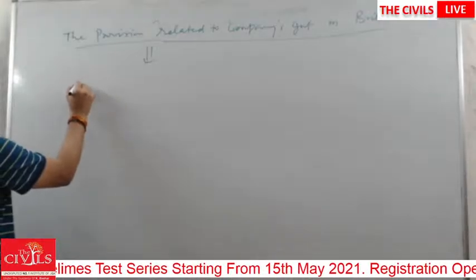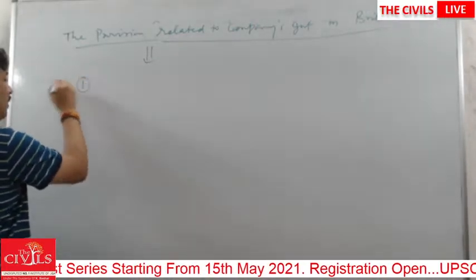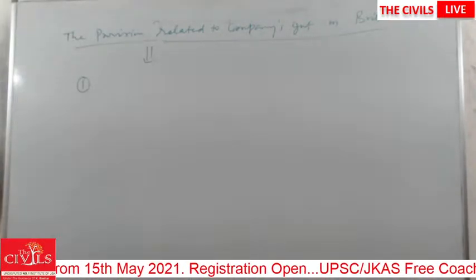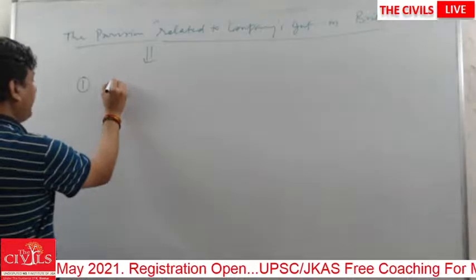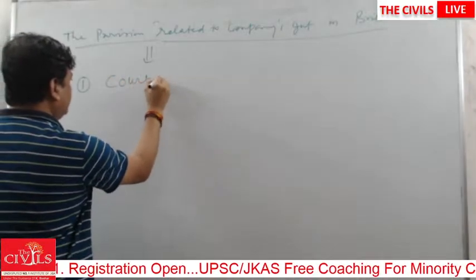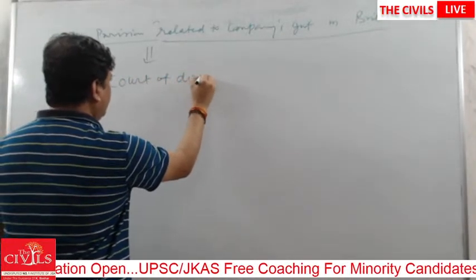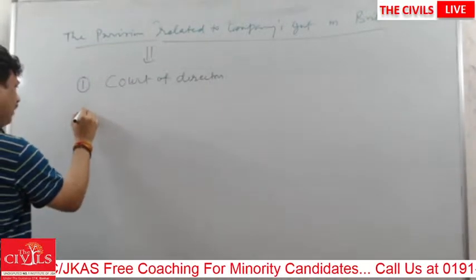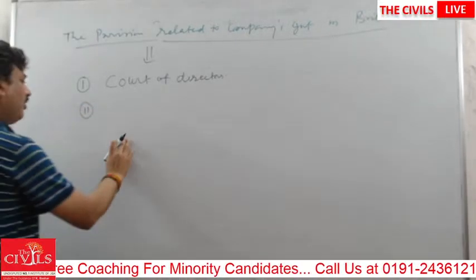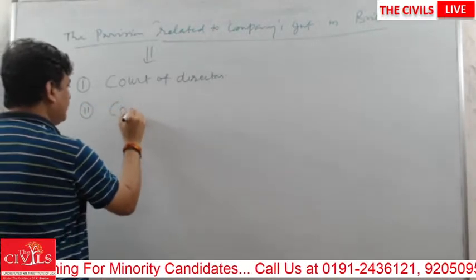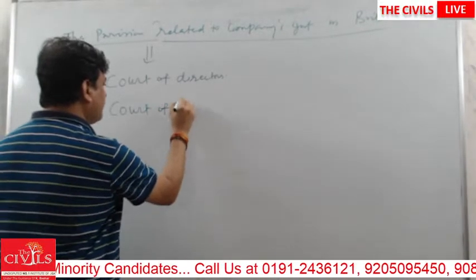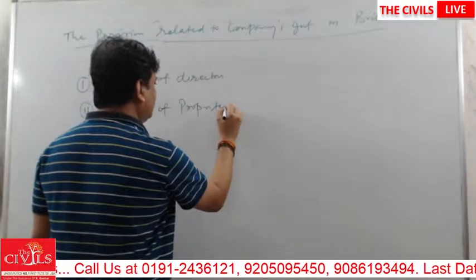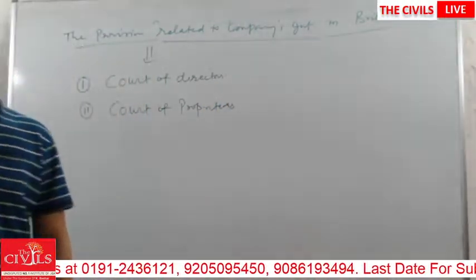The first institution was the Court of Directors, and the second institution was the Court of Proprietors.